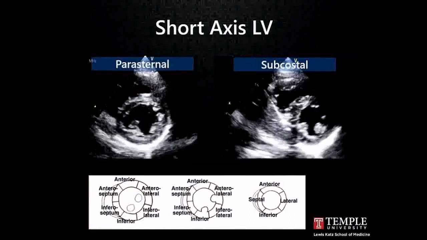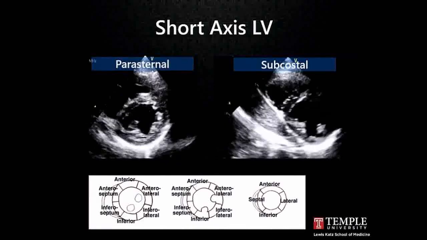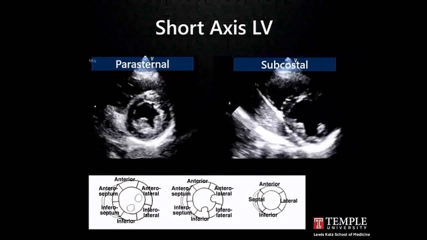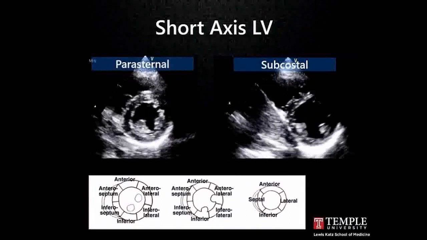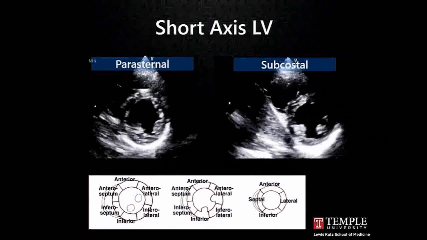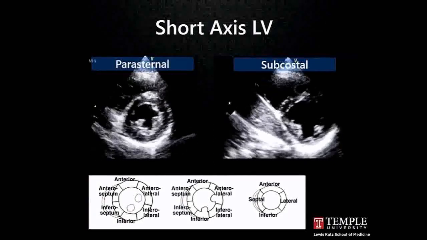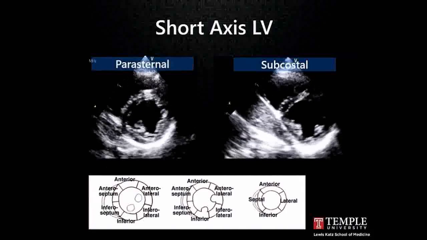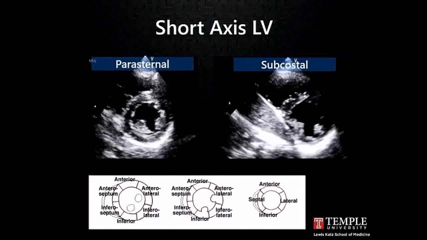In this case, we're in the mid cavity, and we're looking at the anterior, anteroseptal, inferoseptal, inferior, inferolateral, and anterolateral myocardial segments in the mid cavity. Right there, you've knocked out 6 segments of the 17. And you noted that you can image all of those segments from 2 different projections, sort of a double check if you had artifact or if you had inability to visualize an endocardial border.